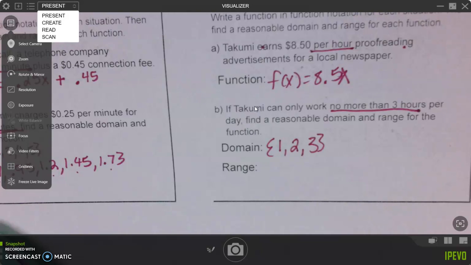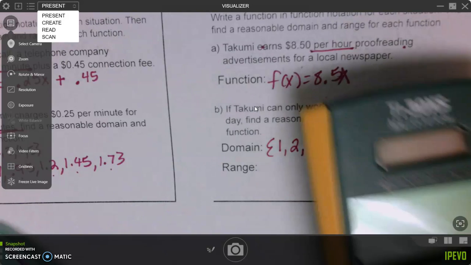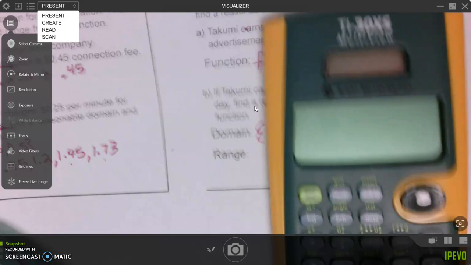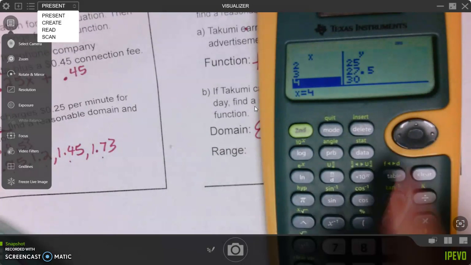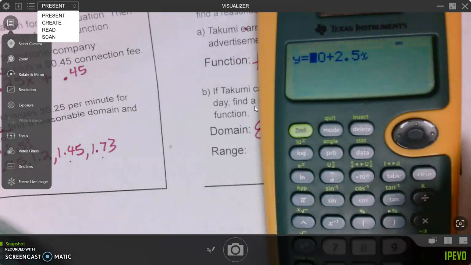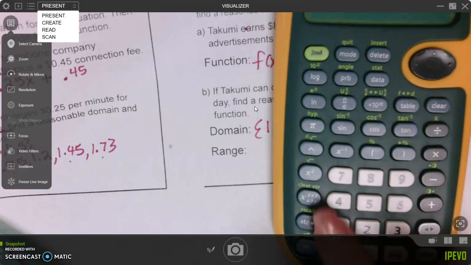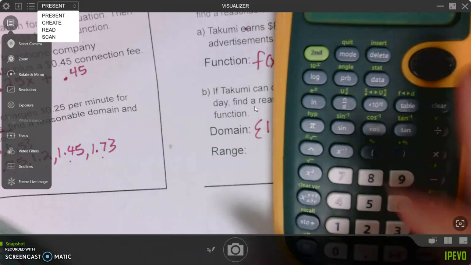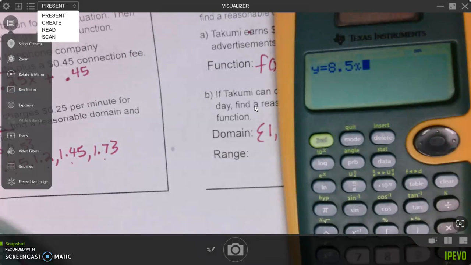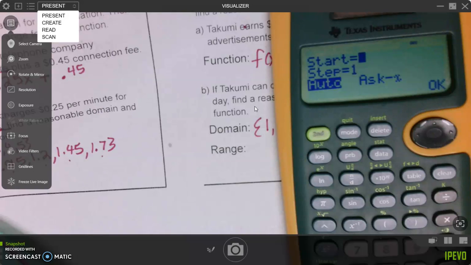You can use your calculator or you can use Desmos to find the range. I'm going to use my calculator, show you that again. Go to the table button, clear out what's there, and our function is 8.5, and then the x button's here. So 8.5x, then hit enter. Our domain started at 1, so you want the start to be at 1.